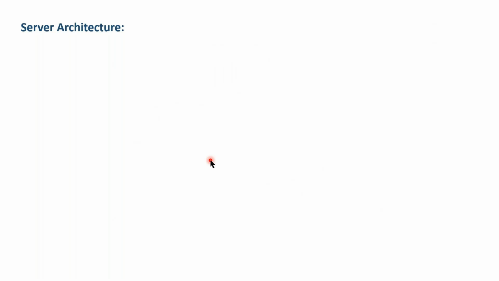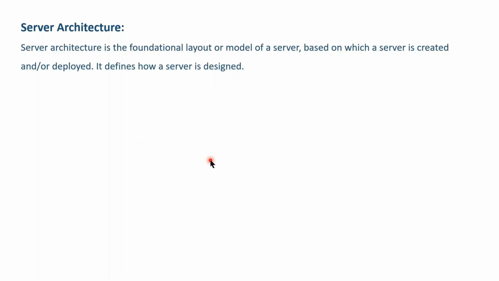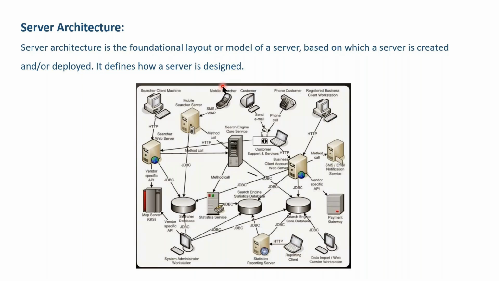Server architecture is the foundational layout or model of a server, based on which a server is created and deployed. It defines how the server is designed. This is a typical architecture. While working on cloud infrastructure, I'll show you, and we'll go deep dive.